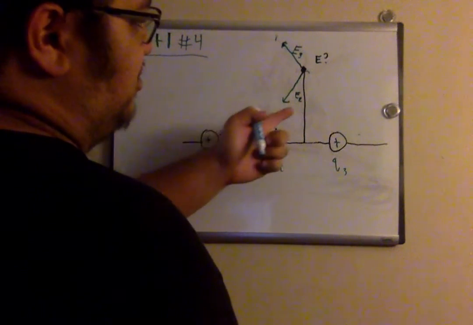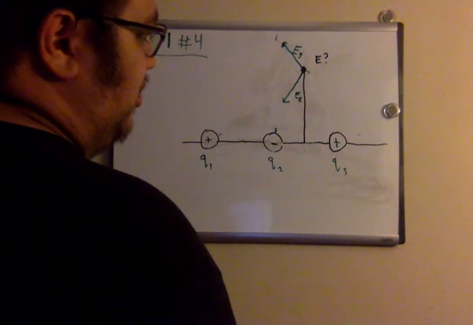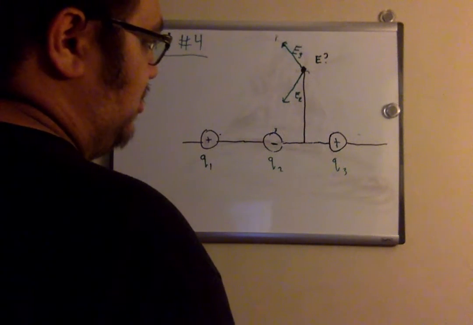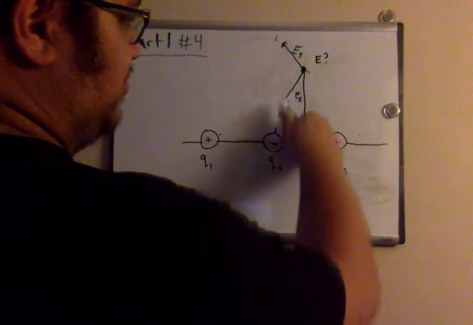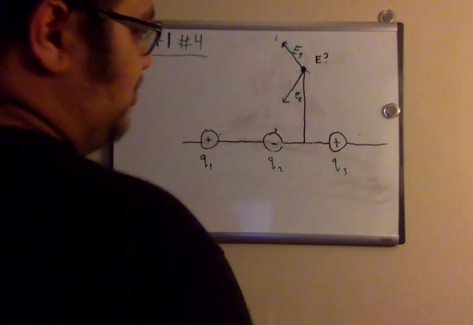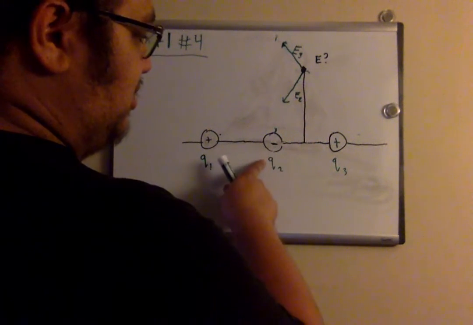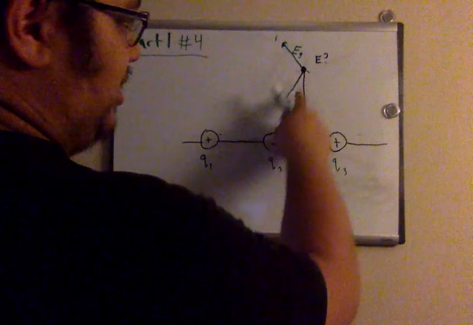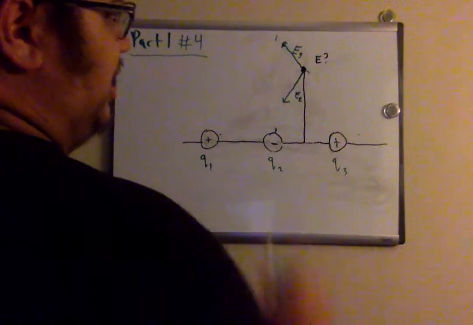We know that the magnitude of E2 and E3 are equal. And that's because the distance between them and the point are equal. So the distance from Q2 and the point is equal to the distance from Q3 and the point.